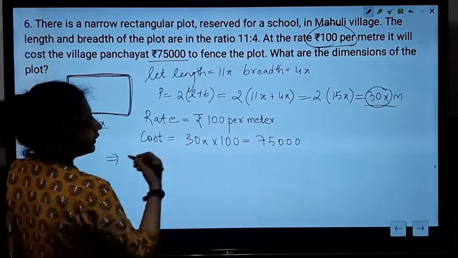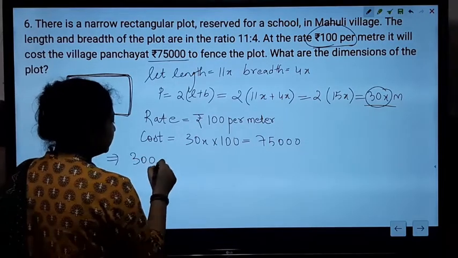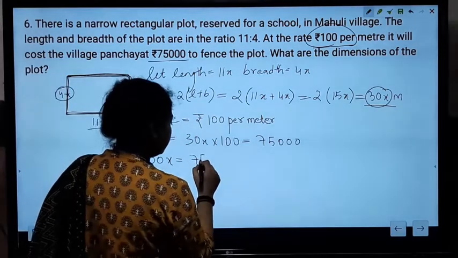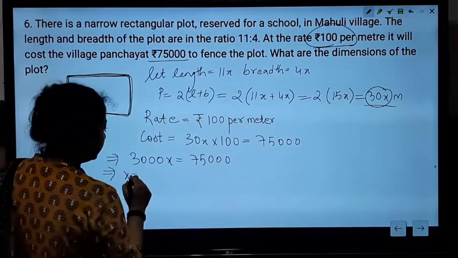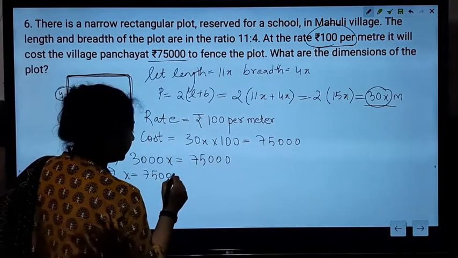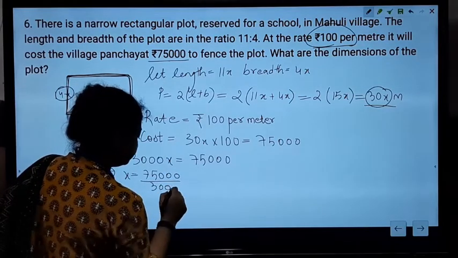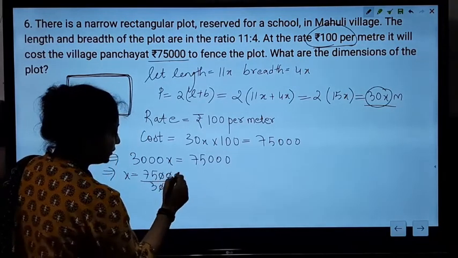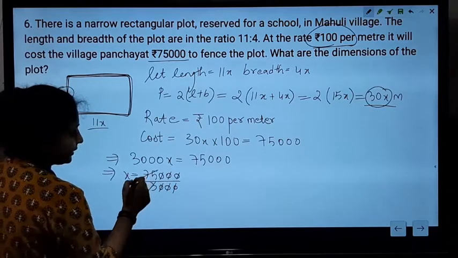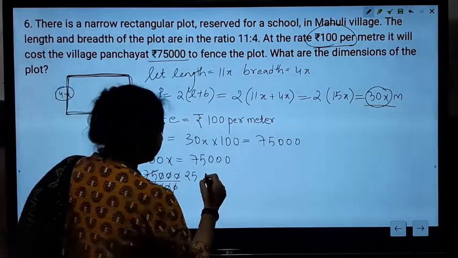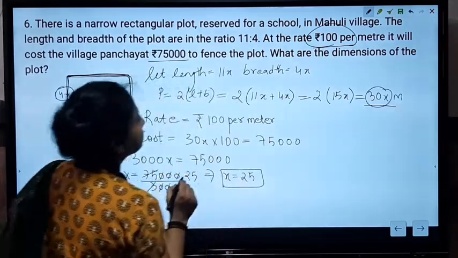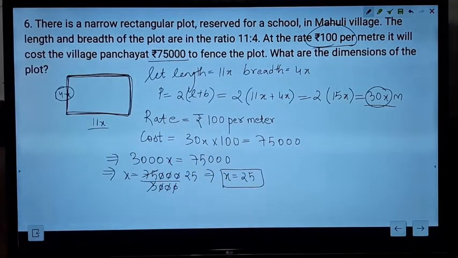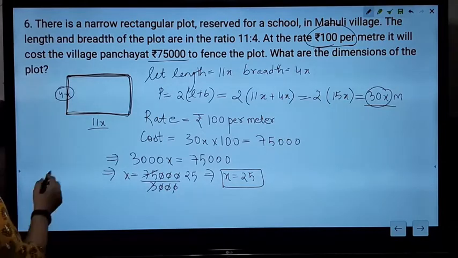30 into 100 becomes 3000. So 3000x equals 75,000. We can take this 3000 to the other side, so that will come in the denominator. We can cancel zeros. 3 ones are 3 and 3 25s are 75. This implies x equals 25. And we have to find the dimensions of the plot, that means the length and the breadth.